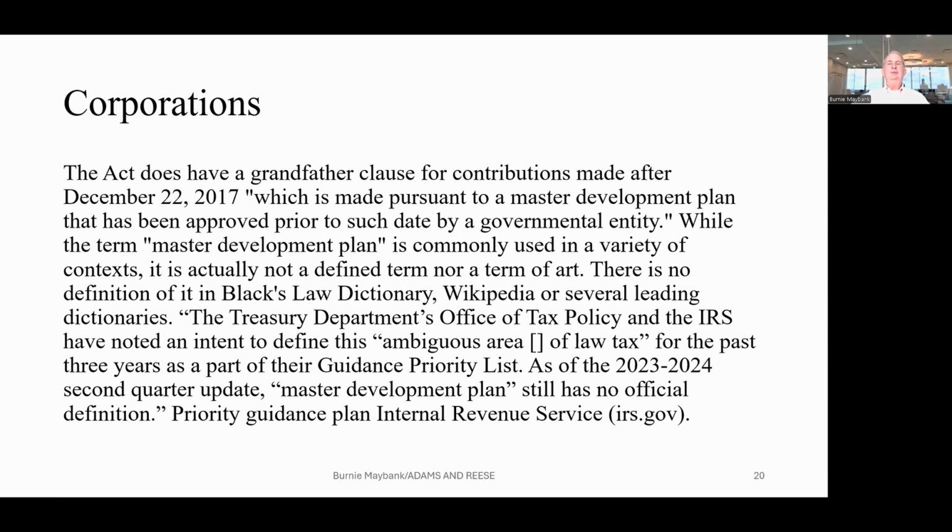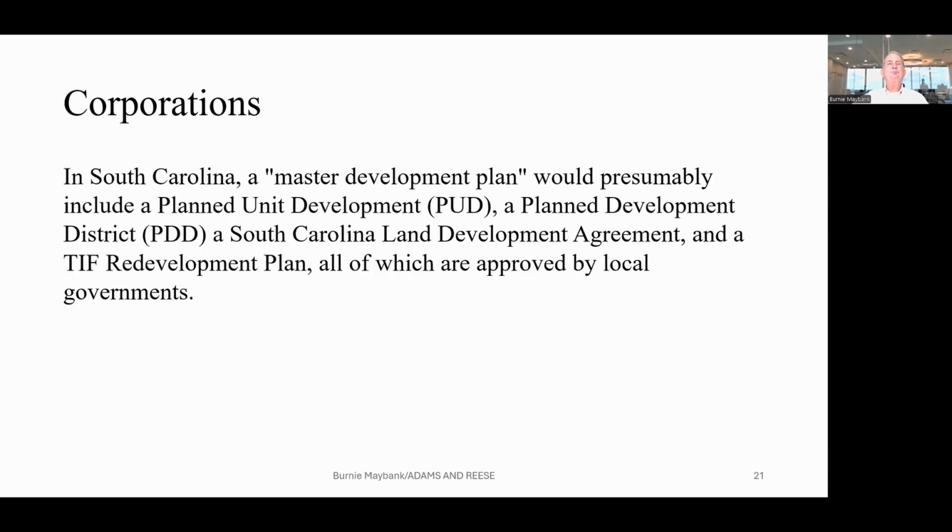So the IRS indicated they were going to define what that meant, and they said for several years they were going to define it, but as of 2023-24, they have still not defined what a master development plan is. They haven't given an official definition.